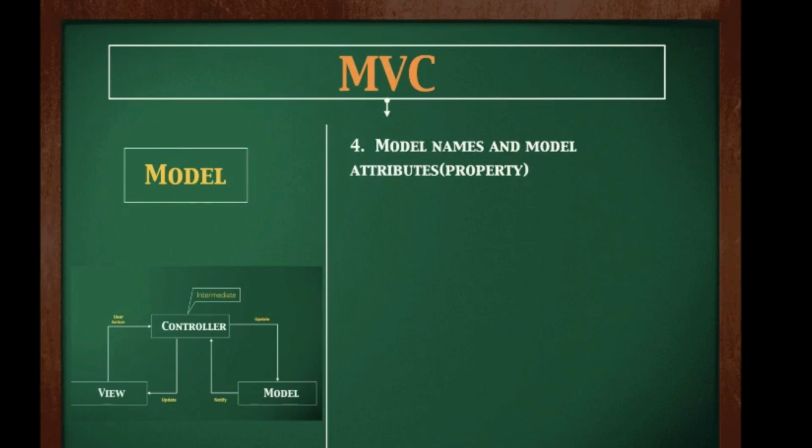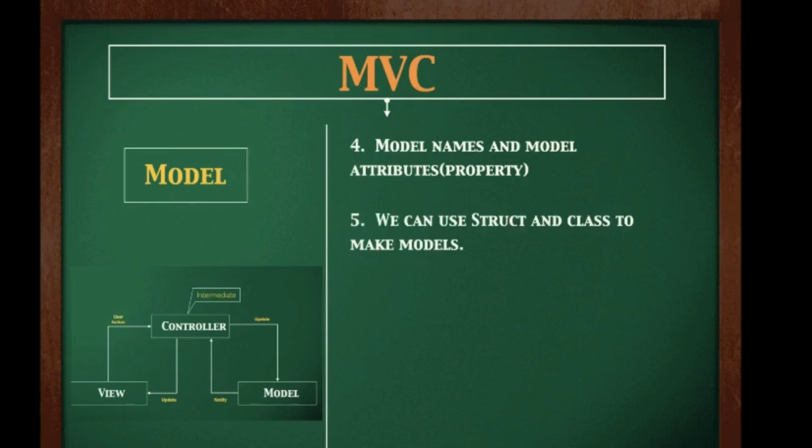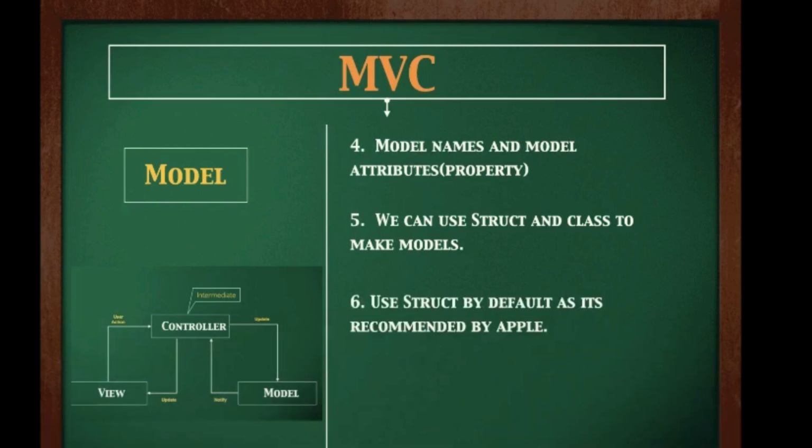The view handles user interactions, the controller is the intermediary, and the model gets the updates from the view, which again notifies the controller, and the controller will update the view. So this is how everything happens in MVC.